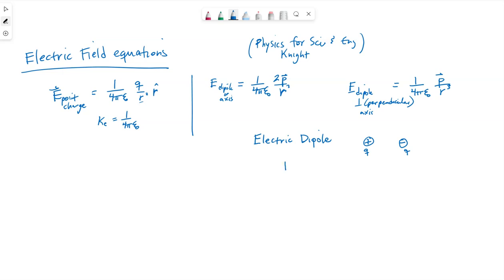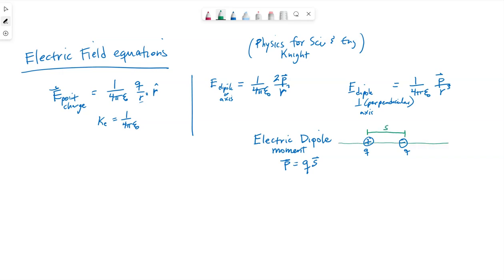The dipole moment, p, which is listed next to these equations, is equal to Q times s. Q being the magnitude of the charge, either one, s being the distance between them.